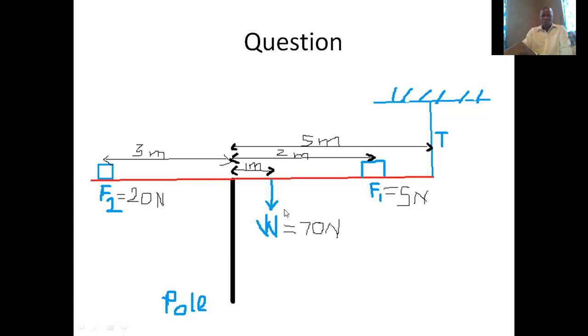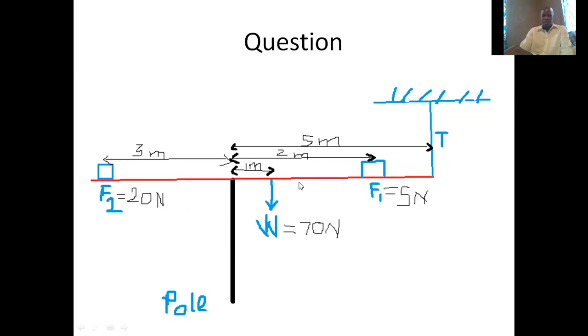And therefore, we have identified here the clockwise moments. The clockwise moments is force number 1, it is pulling this way. So its moment is force 1 multiplied by the distance to the pivot, which is 2 meters.